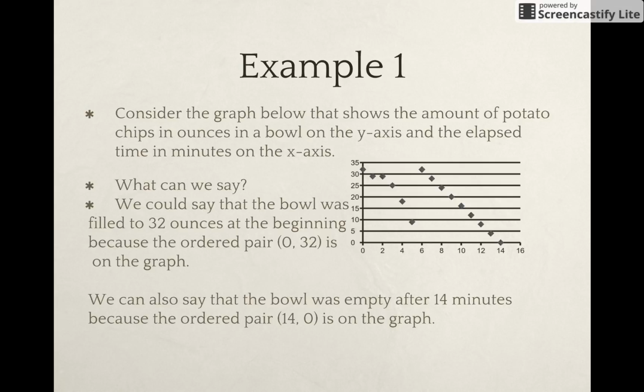We might also look at the ordered pair (14, 0), and we could say that after 14 minutes, there were no more ounces of potato chips in the bowl. The bowl was empty.